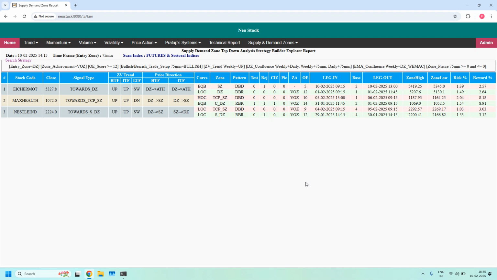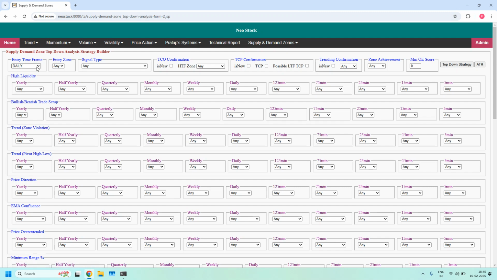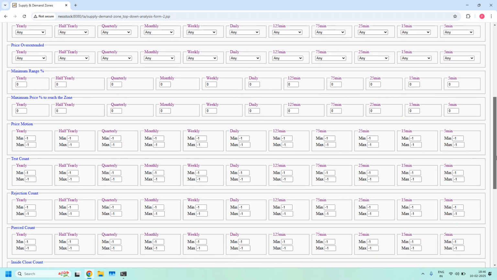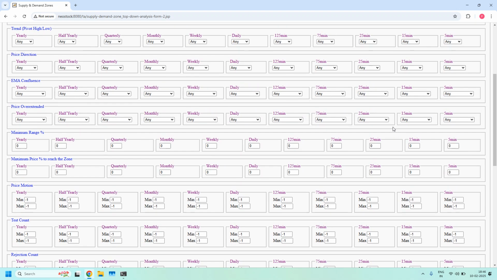Next, bearish trade setup for weekly income trade. Entry time frame is 75 minutes. Entry zone is supply zone. In bullish or bearish trade setup at 75 minutes time frame, I am selecting bearish. And the 75 minutes supply zone should not be pierced. So in the pierced count at 75 minutes time frame, minimum value I am setting 0, maximum value 0.